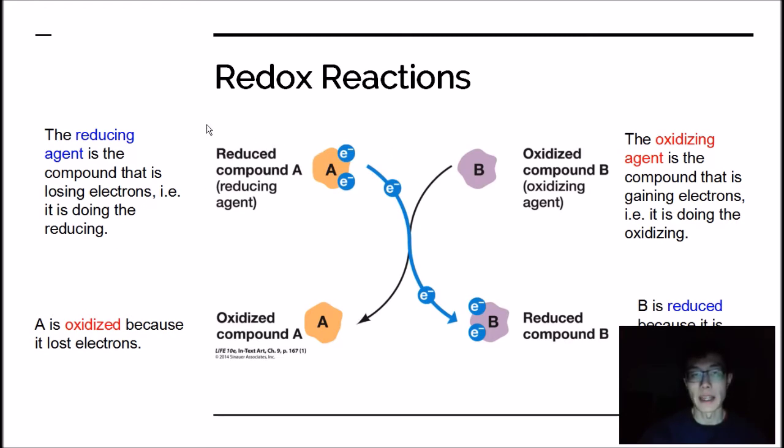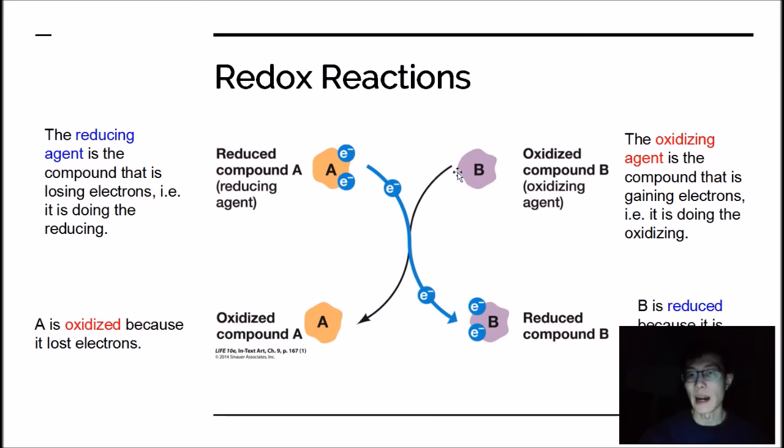So at the very beginning, A is reduced and B is the oxidized compound. When you react those together, let's say A transfers those electrons to B. So A becomes oxidized with this reaction. It starts off as reduced, reacts here, and then becomes oxidized, because it lost electrons.